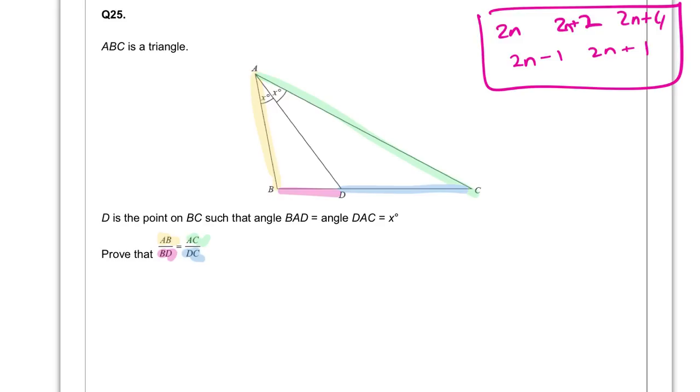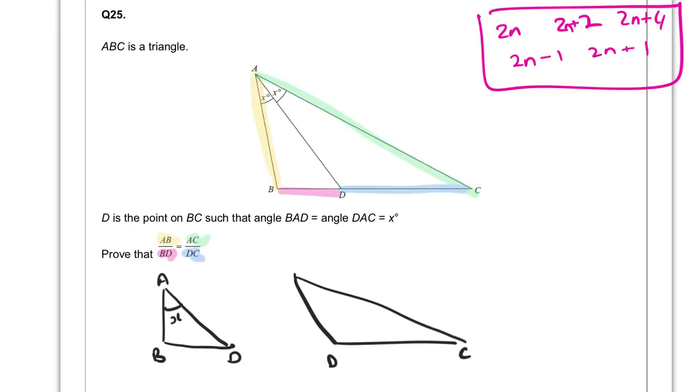Now, I always think it's better to draw them out. So B, D, A, and this is X, right? And then we have again D, C, A, and again this is X.